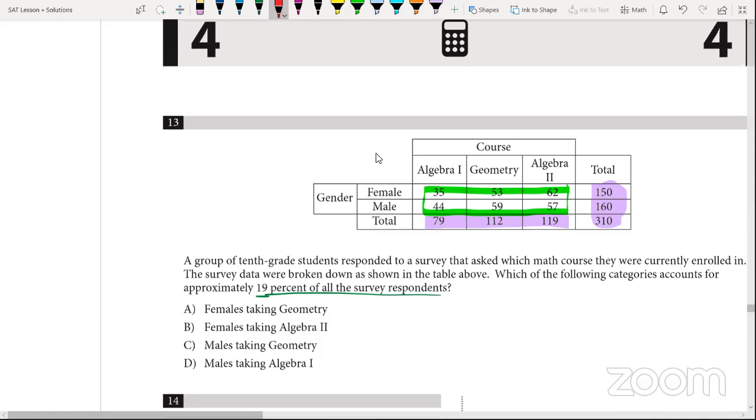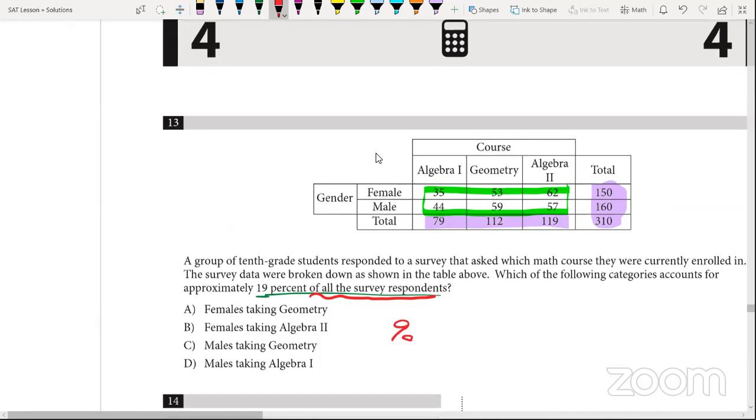So first of all, we're taking a percent of all the respondents, and conditional probability and conditional fractions are a common thing on the SAT. Those would be the situations where we're just taking from part of the survey. So it would sound like, what percent of the students are taking Algebra 1 if we're only considering from the female students? That would be the conditional idea. But here it's easier because it's all.